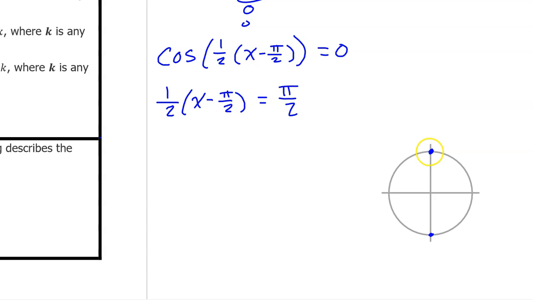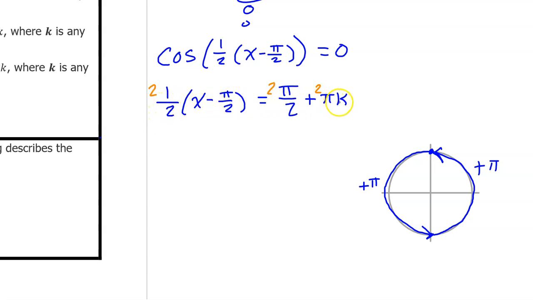We can get to the next solution by adding pi. In fact, we will always get another solution every time we add pi. So we can turn this into an expression for the infinitely many solutions by adding multiples of pi. That's pi k, where k is any integer. Now we just need to solve this equation for x.